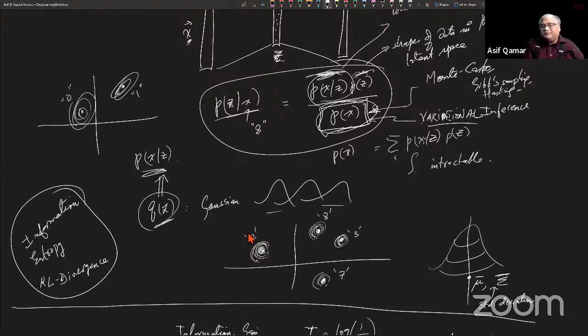You're saying, what if this were true? Then what sort of Gaussians would approximate this very complicated distribution that is truly there, a good latent representation, but that I can't see.